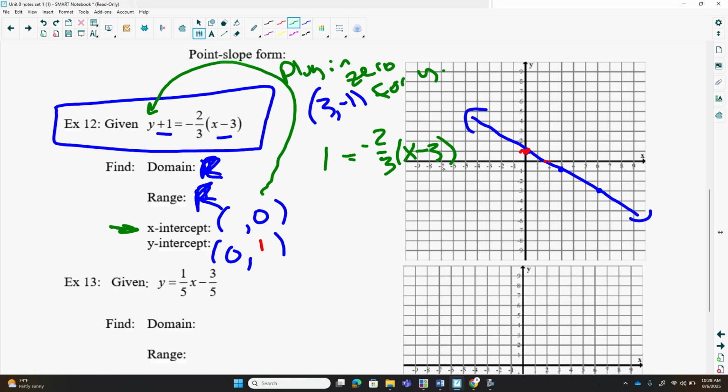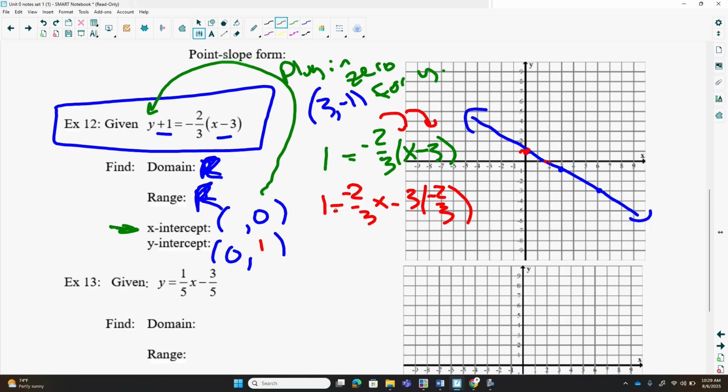What do you want to do now? How do you solve that equation? Distribute is one way of doing it. So if I distribute the 2/3 here and here, I'm going to get 1 equals negative 2 over 3x minus 3 times negative 2 over 3.